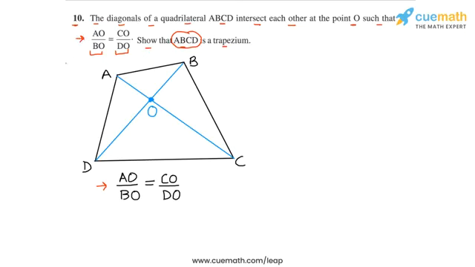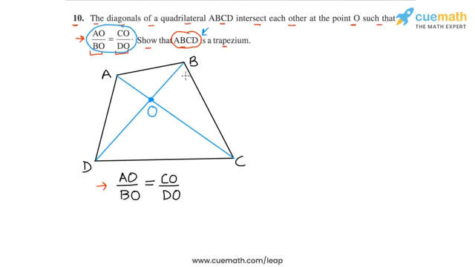In this problem, it is the other way around. We are given this equality of ratios, AO by BO equal to CO by DO, and we have to prove that ABCD is a trapezium. So we will prove that AB must be parallel to DC. This is what we will prove.